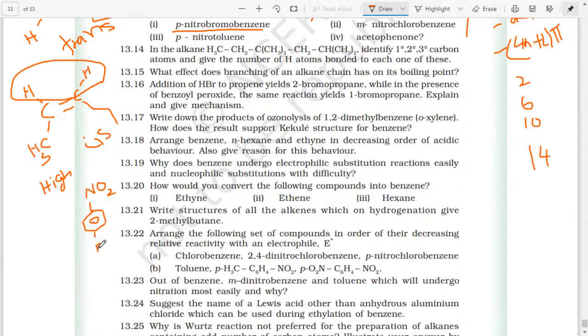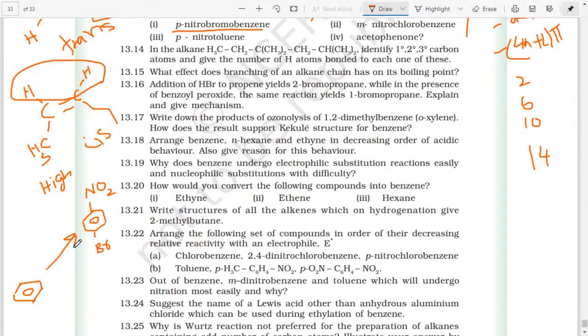So what is the orientation of the nitro group? If I take nitrobenzene, the nitro group is a meta directing group. So the bromination will take place at the meta position, but we are in need of para nitro bromobenzene. That is why, what I should do, first take benzene, then do bromination.